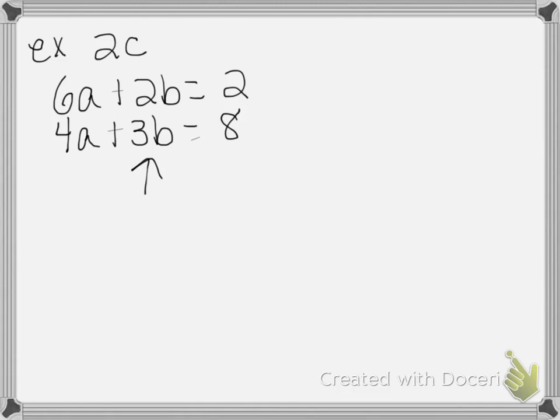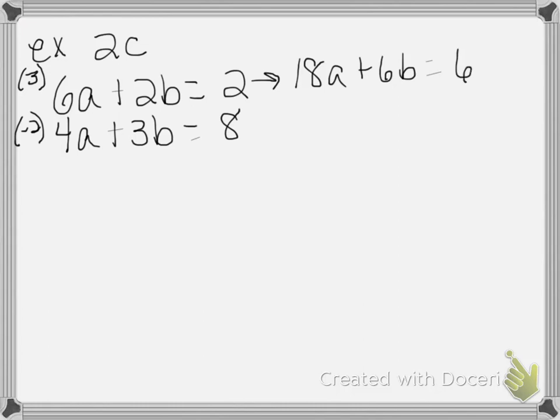I am going to opt to get rid of my b's. So I am going to multiply the top equation by a 3. The second equation I would multiply by a negative 2 because I want one of them to be a positive and one to be a negative. So I'm going to multiply 3 times everything. So that's 18a plus 6b is equal to 6.